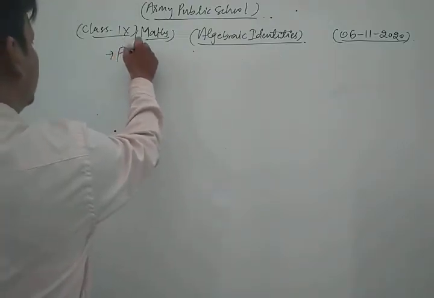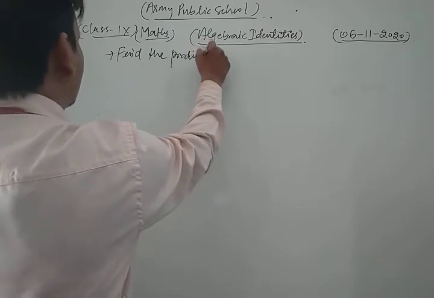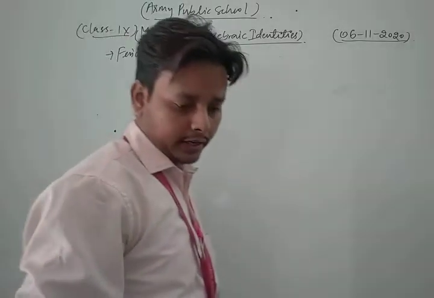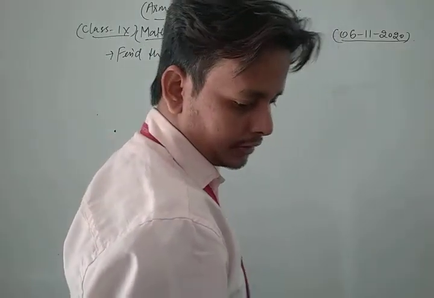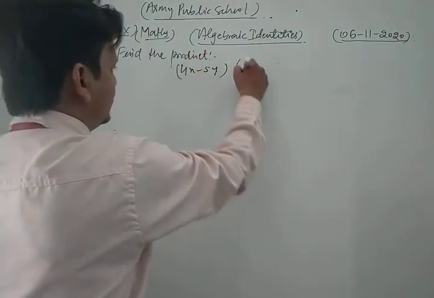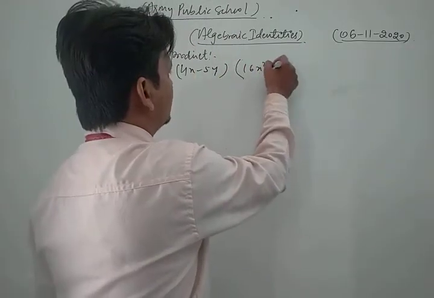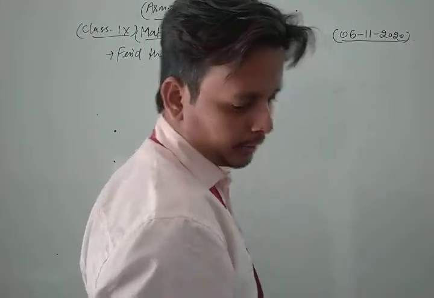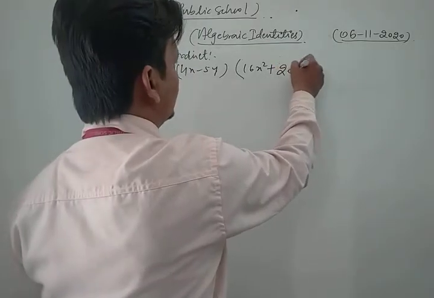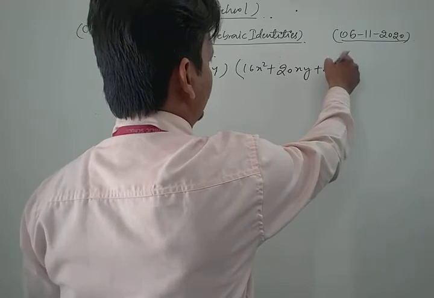Your question is, find the product of 4x minus 5y, in another bracket 16x square plus 20xy plus 25y square.